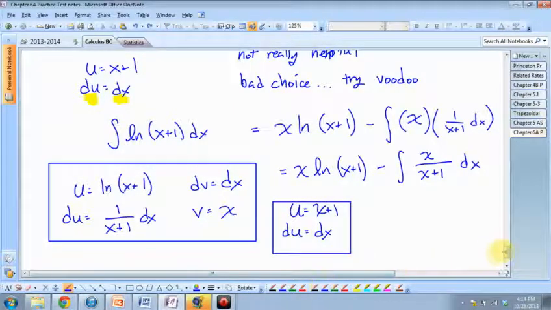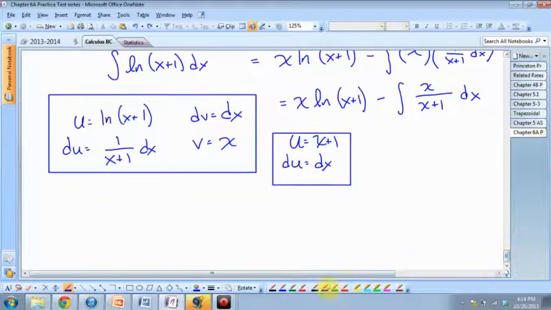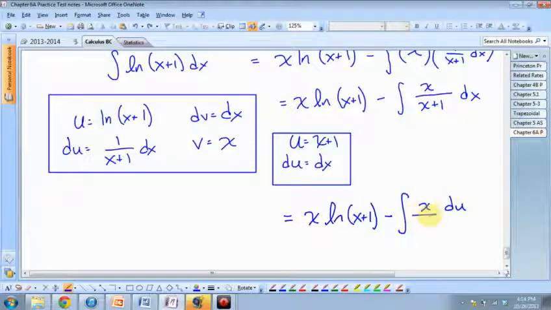Okay, so how does that change the problem? Now we're going to have x natural log of x plus 1 minus the antiderivative of x du over u. Wait, I can't do this. They are not the same variable.